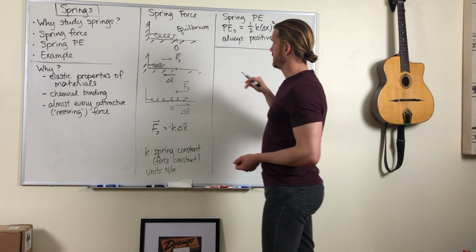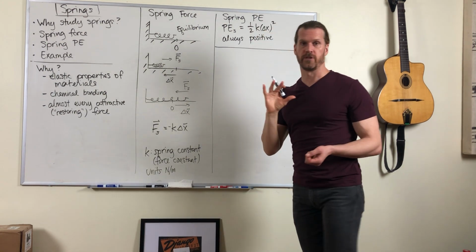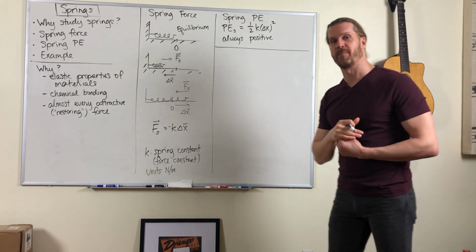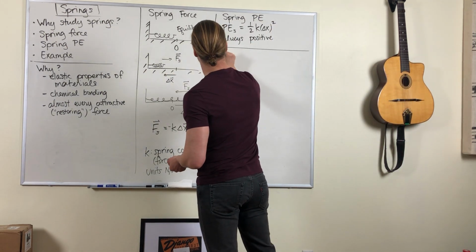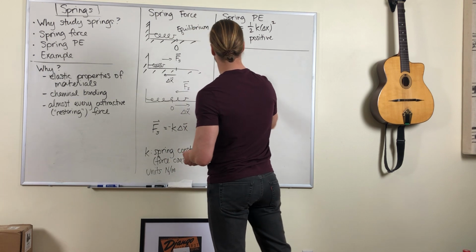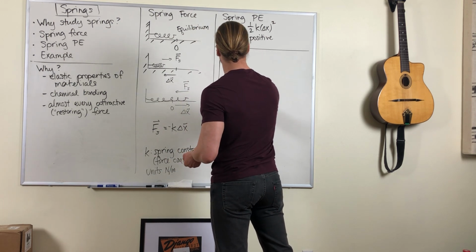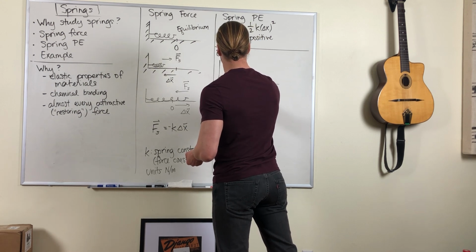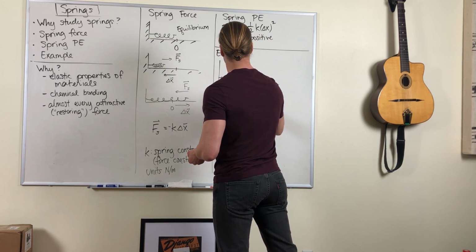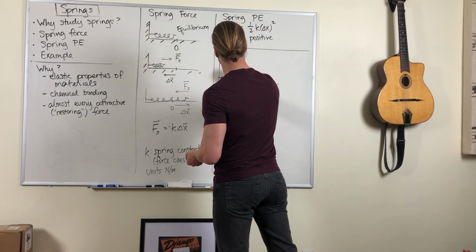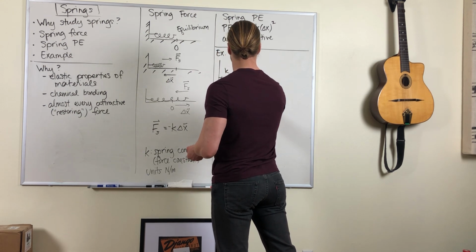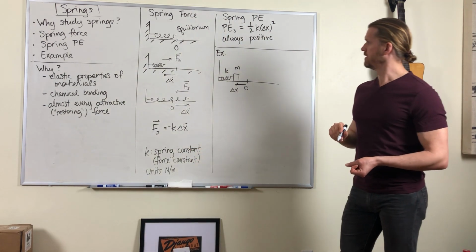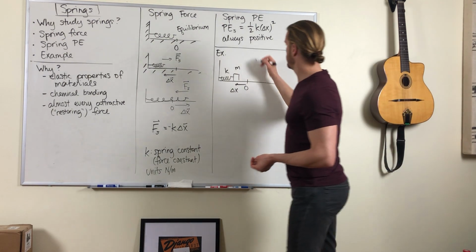I'll take this picture again of a horizontal spring, but this time we'll put a mass next to it and have the spring push on the mass. Okay, so here's the setup.